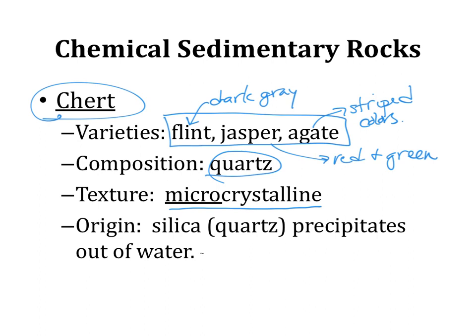The origin is when silica, which is quartz, precipitates out of water, and it can be both seawater and also water around hot springs. A lot of times that hot water will have dissolved quartz underground, and when it makes it up to the surface and cools down, a lot of that quartz comes out of solution and precipitates.